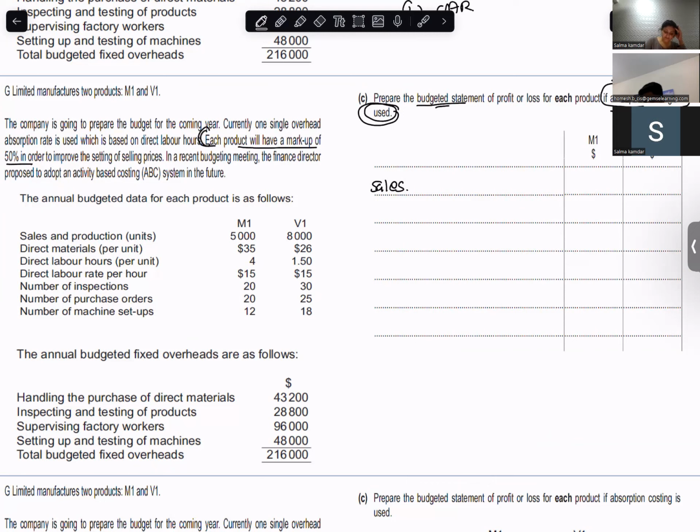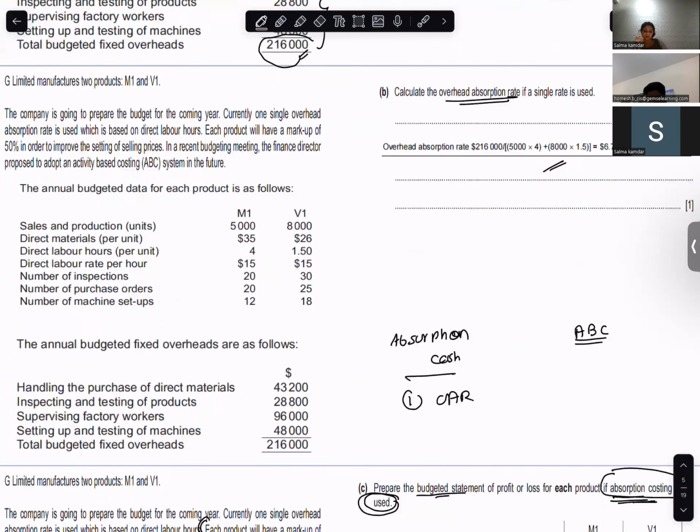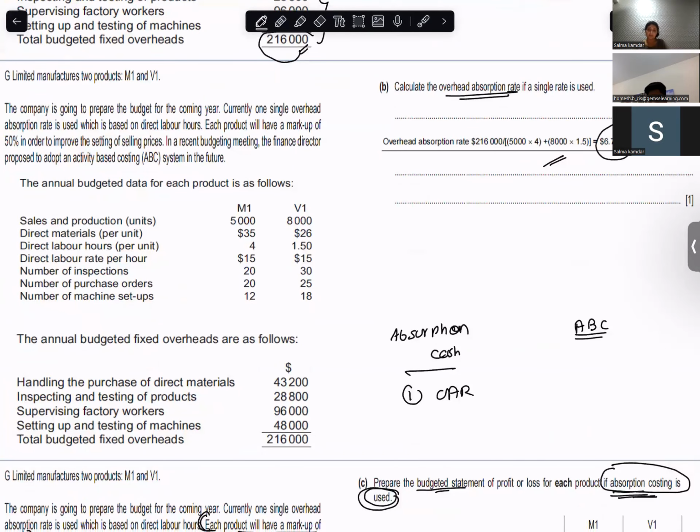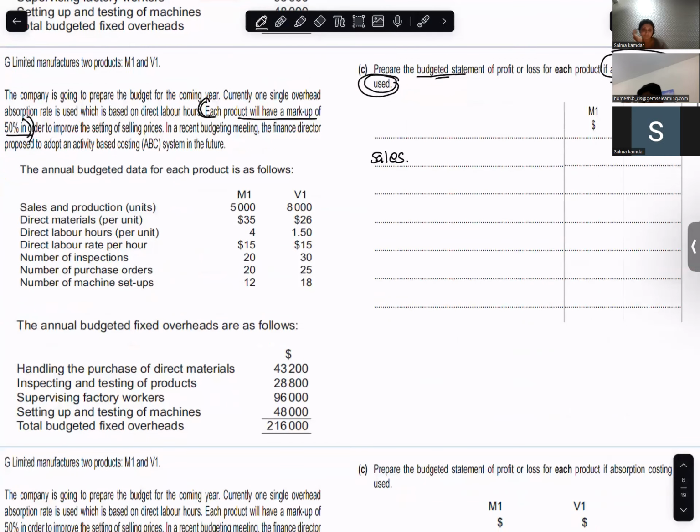Where is the rate? In part B, miss, we got 6.75. But that is the overhead absorption rate, right? This is used to absorb the overheads. Oh, yeah. Miss, so how do we find it?